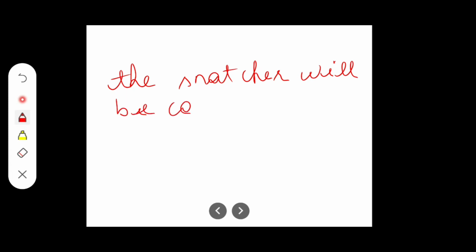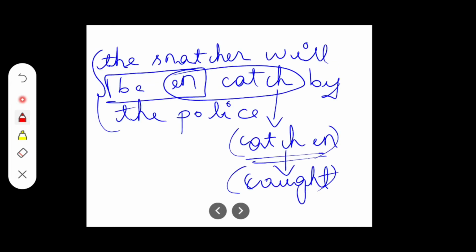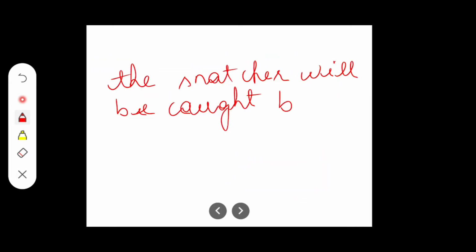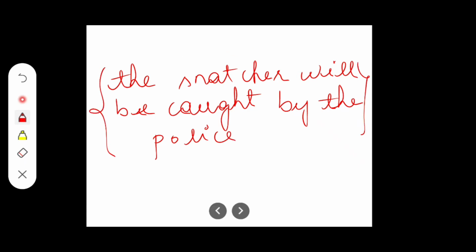After applying all the morphophonemic rules, the encatchen is converted to caught. So this is the passive sentence that we obtained.